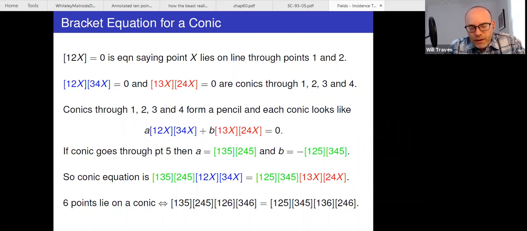If you multiply all the coefficients of a conic by the same number, then you don't change the curve. So that's the hand-wavy explanation for why you get a P1 of conics through 4 points.